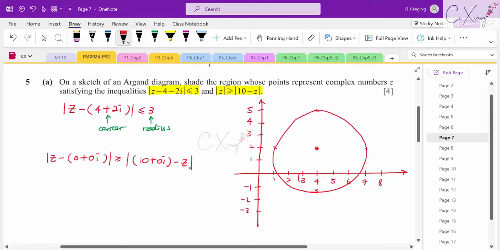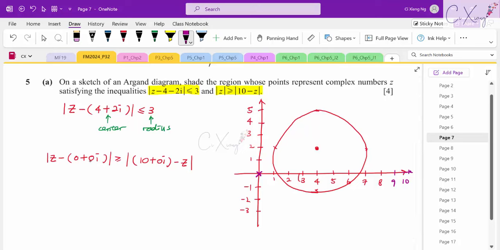But at the same time, you also need to consider the second locus here, |z - 0 + 0i|. So 0 + 0i means this point. Then 10 + 0i means here. So you have 8, 9, and also 10. And then the perpendicular bisector between 0, 0 and 10, 0.